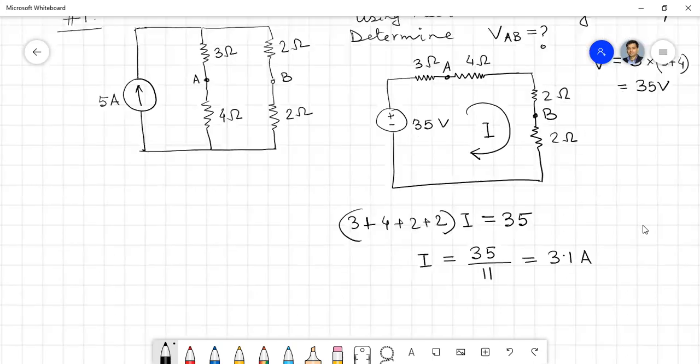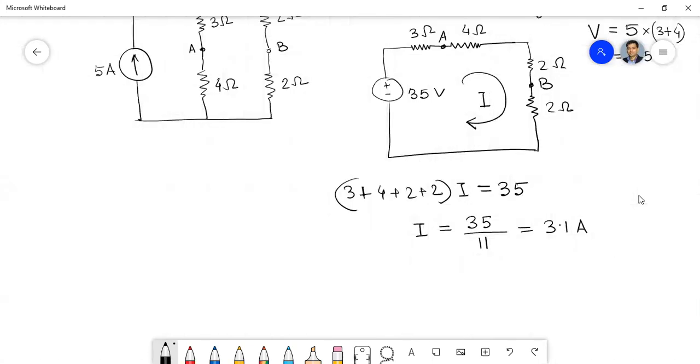Now we have to calculate the voltage between A and B. How can we calculate that? Sir, the current times the resistance, 6 in between. Hmm, 3.1 into 6 also.